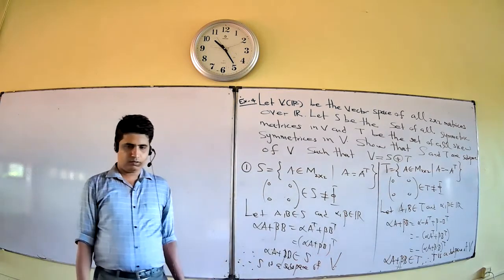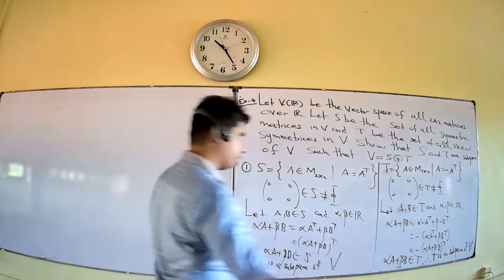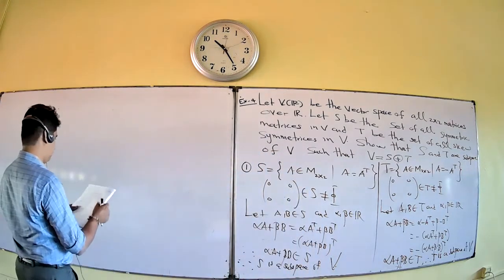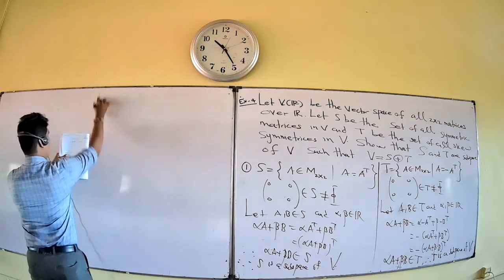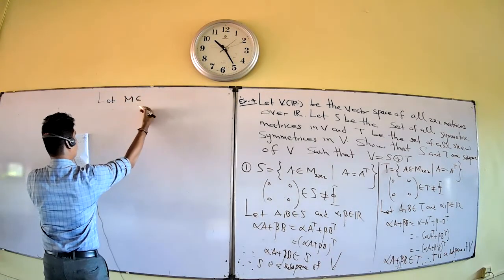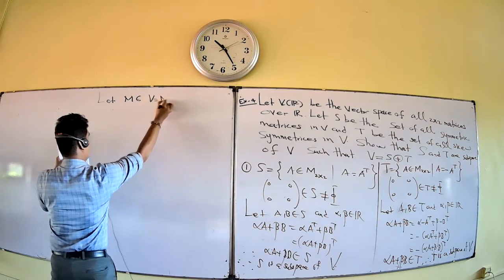Okay. Now let M belong to V. V means M2 cross 2 real numbers.